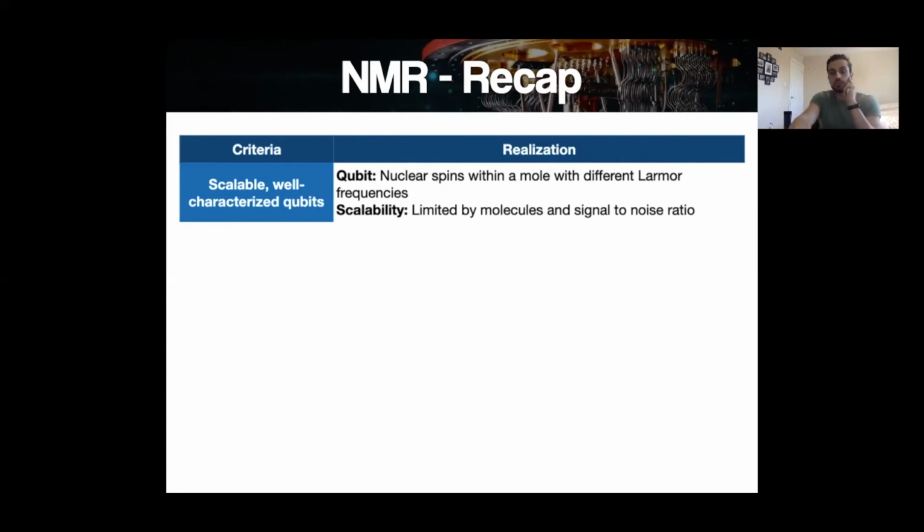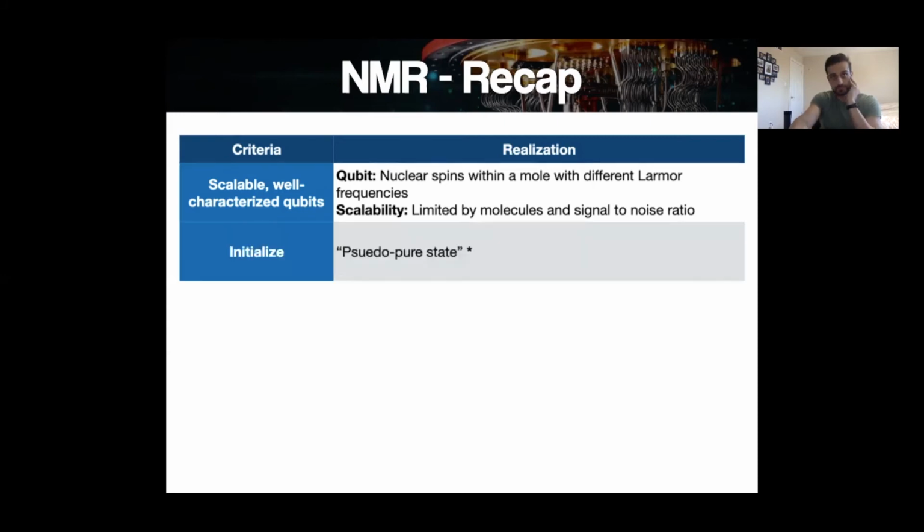So you could do 1,000 qubit gates, and you're somewhat limited in which quantum algorithms can be implemented. So I mentioned this pseudo-pure state. Most of the sample is in the zero state. The rest of it is in this equally mixed state that just chills on the side.